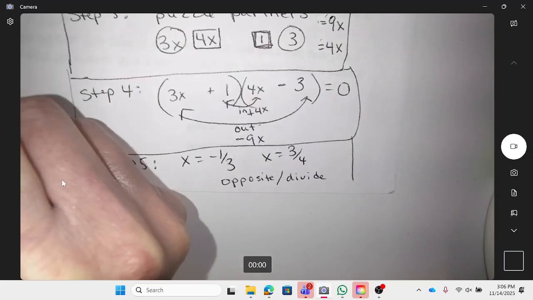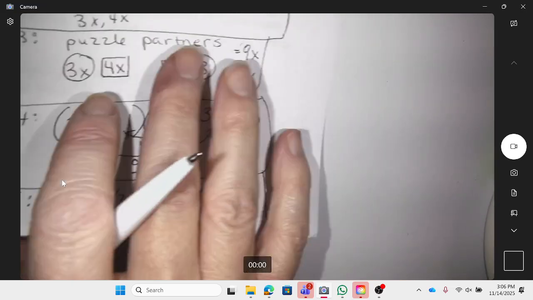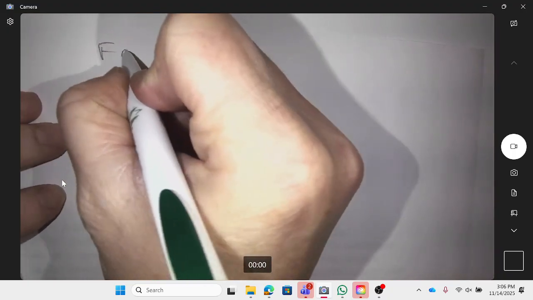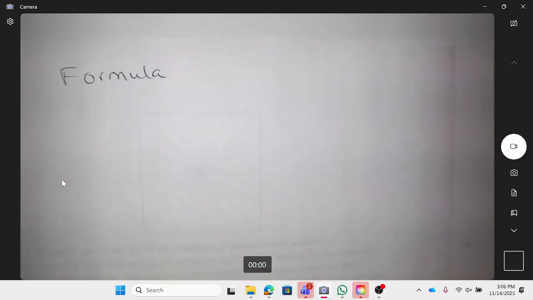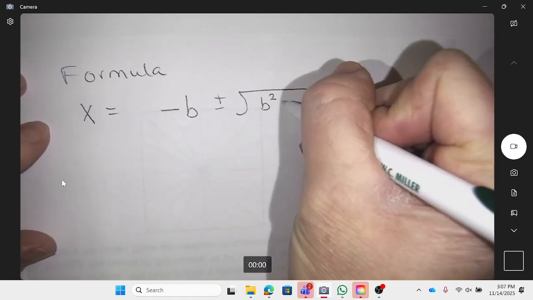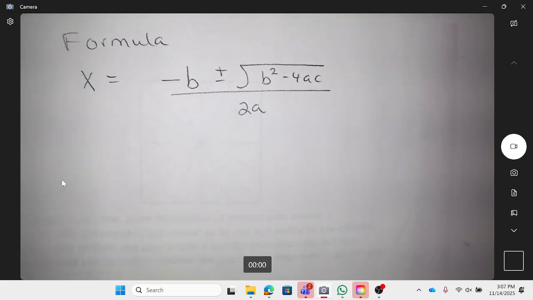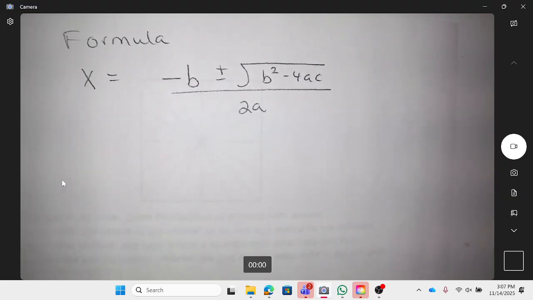Okay, and then we have the quadratic formula. Here's the important things I'm going to remind myself about.